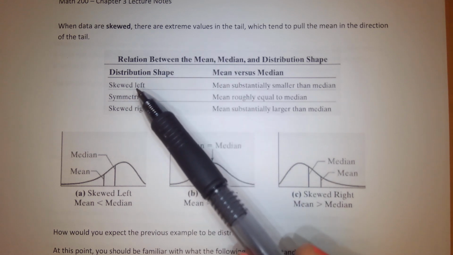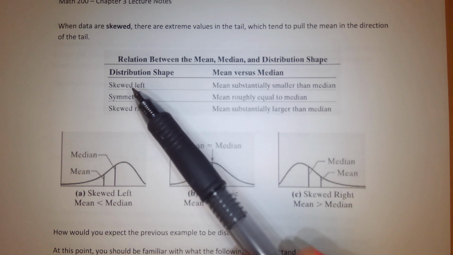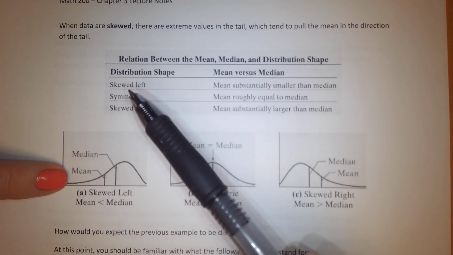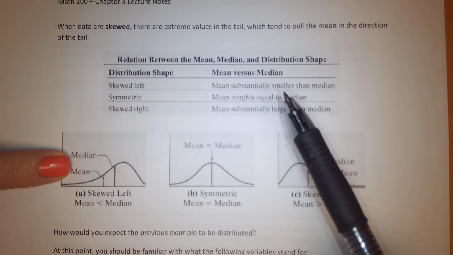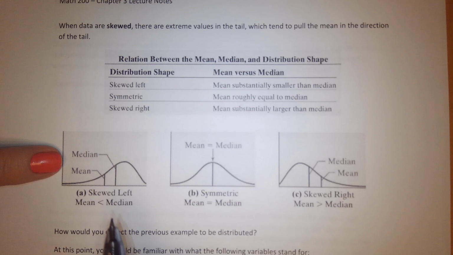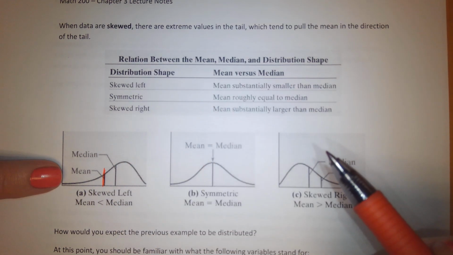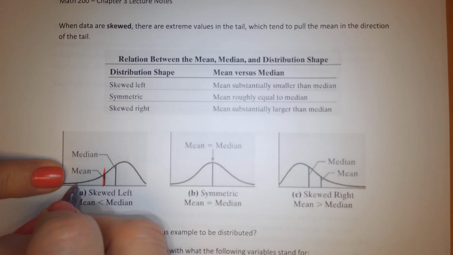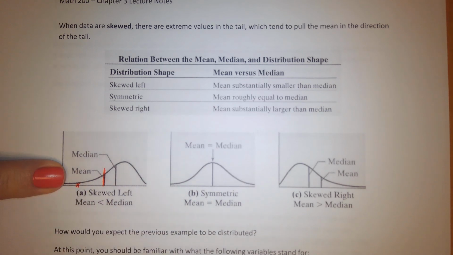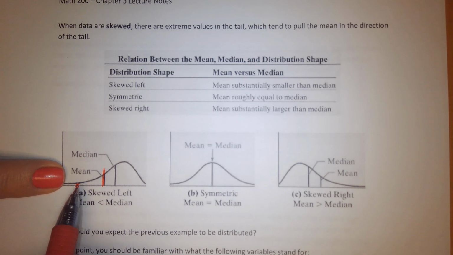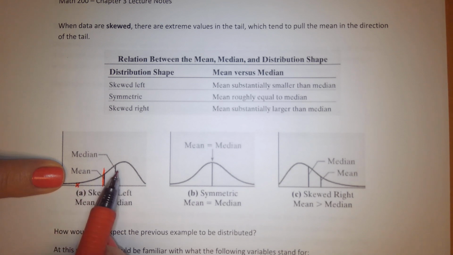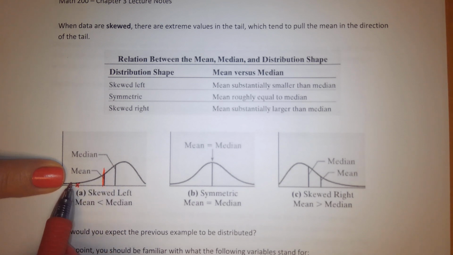So if the distribution is skewed left, which is what this graph is right here, in a skewed left graph, the mean is substantially smaller than the median. So you could see that here. This mean is substantially smaller than the median because you have that extreme value or possibly outlier way over here like we did on the previous page, and it's going to pull that mean in the direction of the tail.